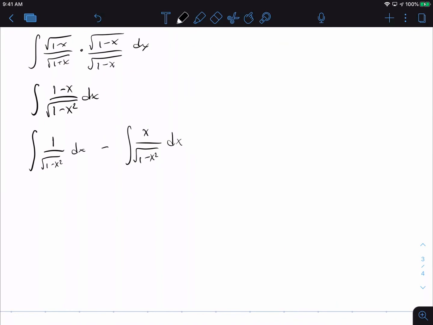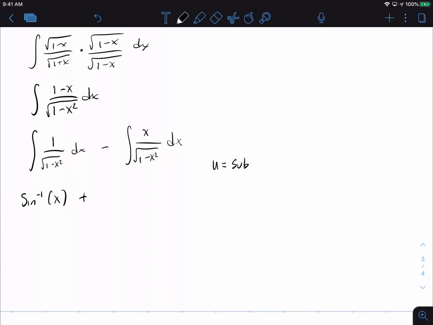There's some efficiency that we can use. So seeing that efficiency, we know that this is going to be sine inverse of x plus, to do the integral of this guy, here the method to do it would be to do a u sub, right?